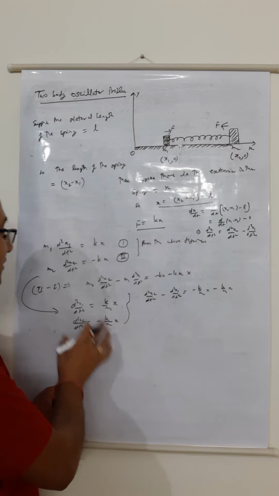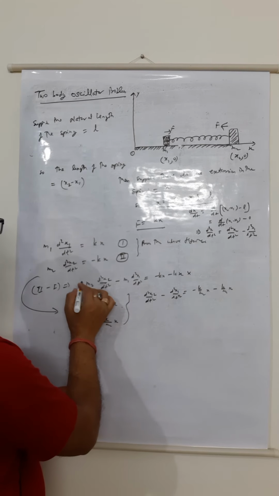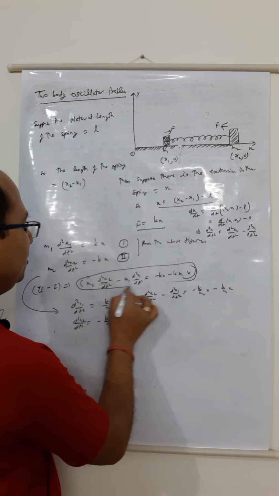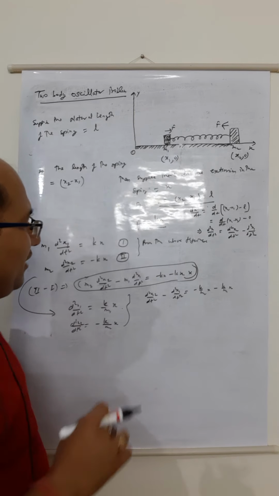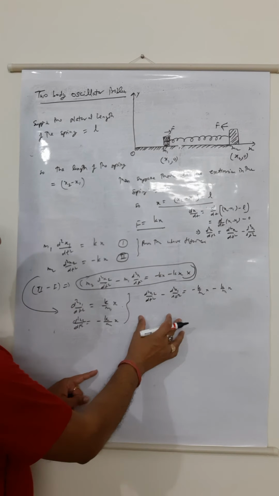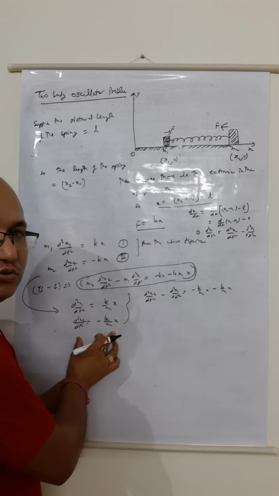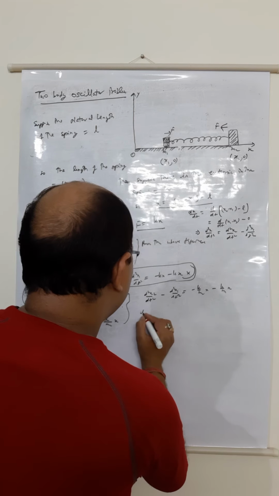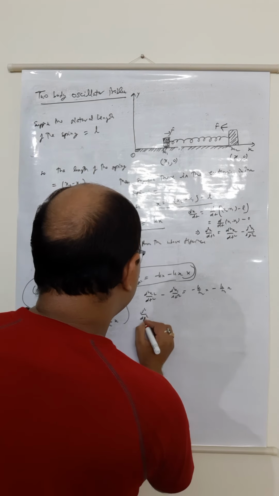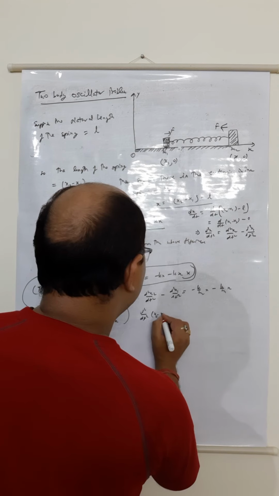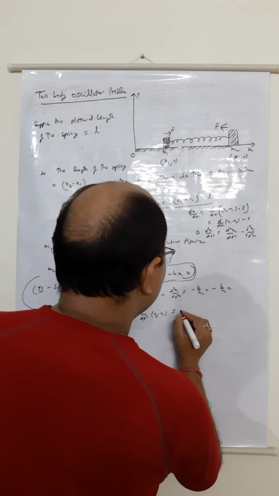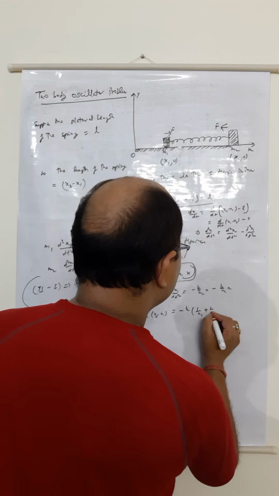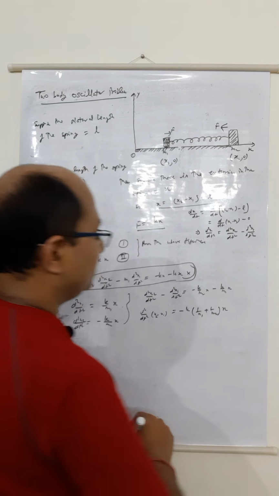Is it clear? That earlier equation has no role; we have to solve this equation in terms of x. So d2 upon dt2 of x2 minus x1 is equal to minus k times 1 upon m1 plus 1 upon m2, into x.